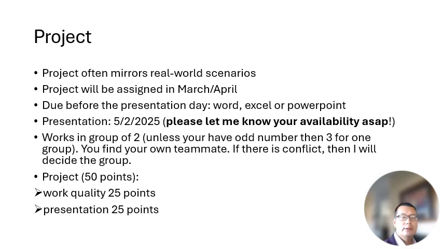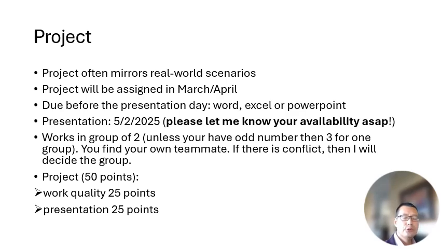Since this is an online class and I don't know your availability on that day, please email me when you know your availability. You let me know, so then I will look at everybody's time and try to decide on one time that everybody is available.